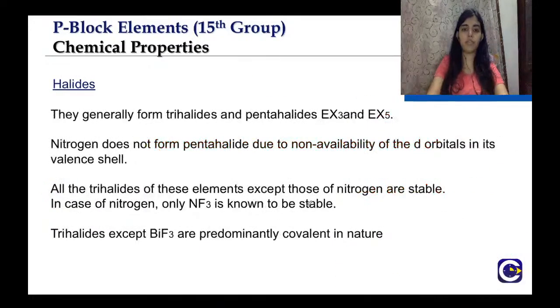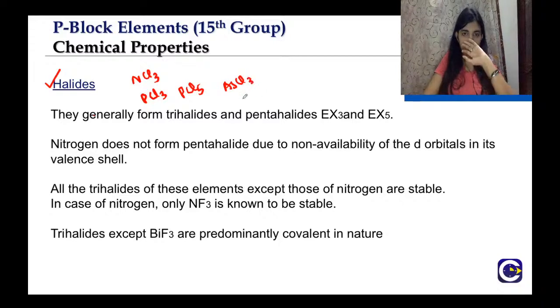Now coming to the halide compounds, they generally form trihalides or pentahalides. We already know NCl3, or we know PCl3, PCl5, AsCl3, AsCl5. So these are the trihalides and pentahalides formed by the group 15 elements.